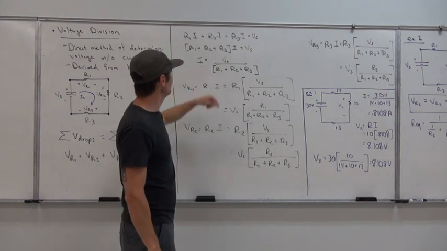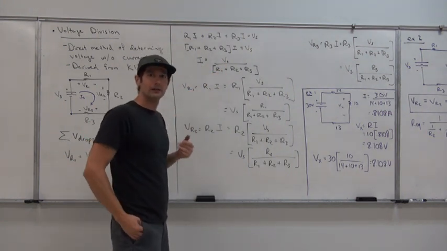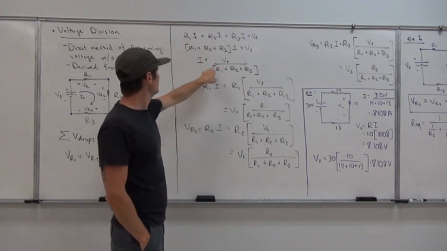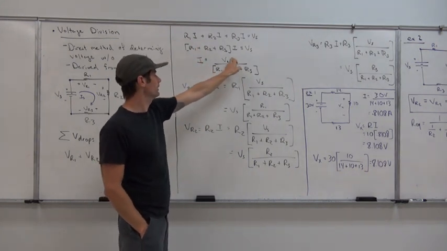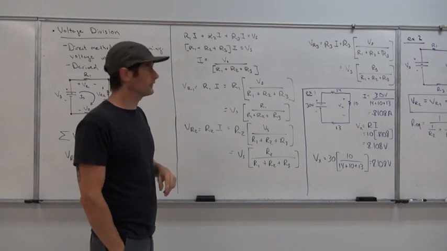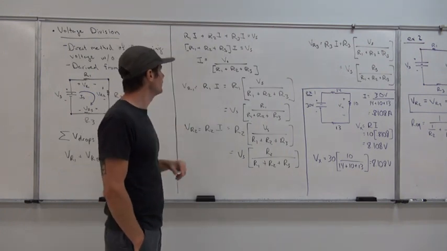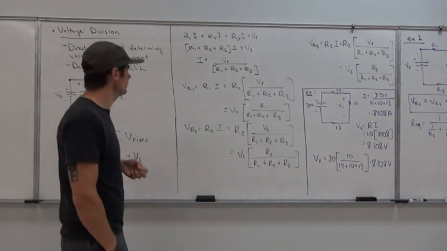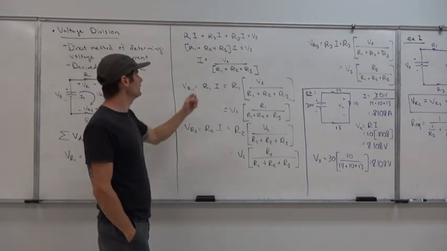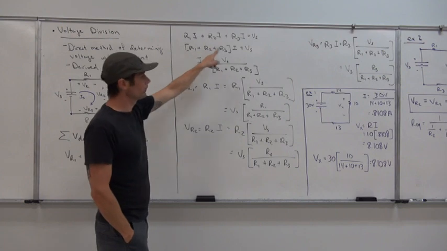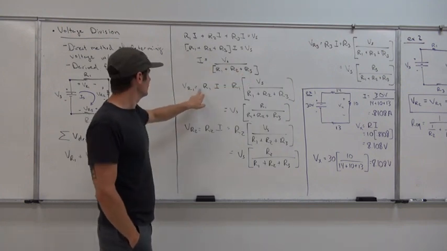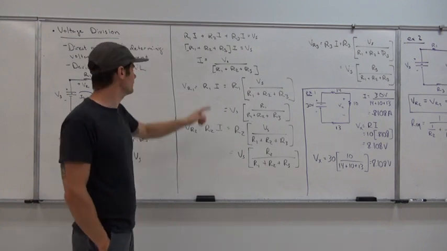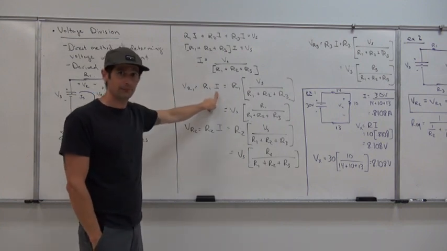The first thing we want to do is find how we derived the current in the first place. All we had to do was divide Vs by R1 plus R2 plus R3, and that means we find the current directly by the application of KVL and Ohm's law. If we take this form, and we know that VR1 is equal to R1 times I1, what if we substitute this in for I?